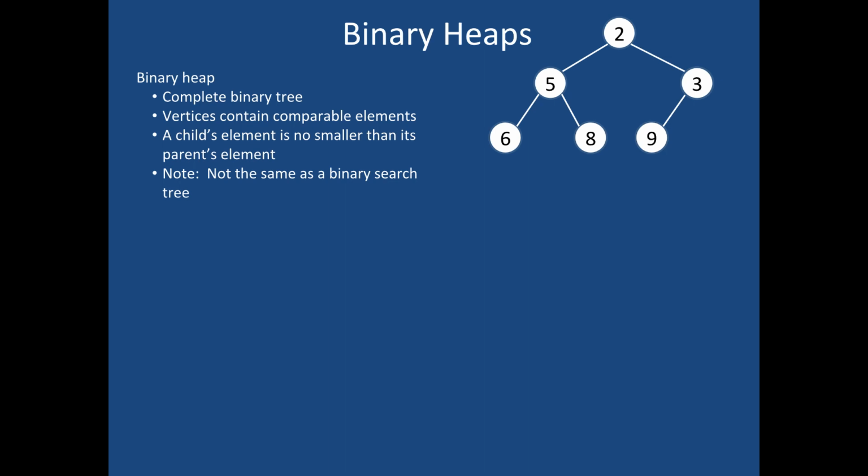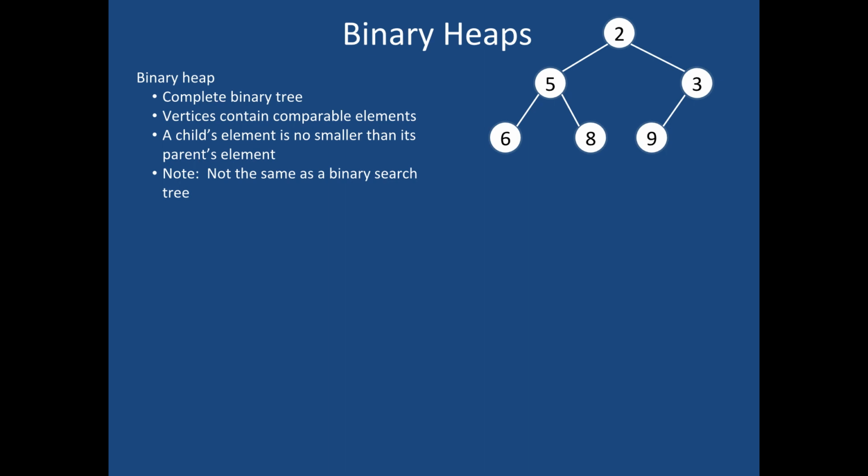So remember that a binary heap is, first of all, a complete binary tree. What makes a binary tree complete? All the levels are filled except possibly the last level. So in a complete binary tree, every level is completely full except possibly the bottom level.